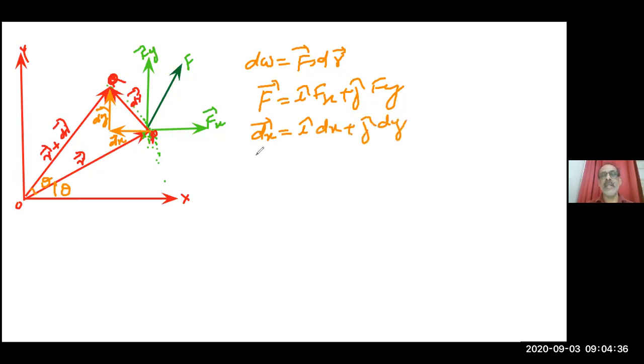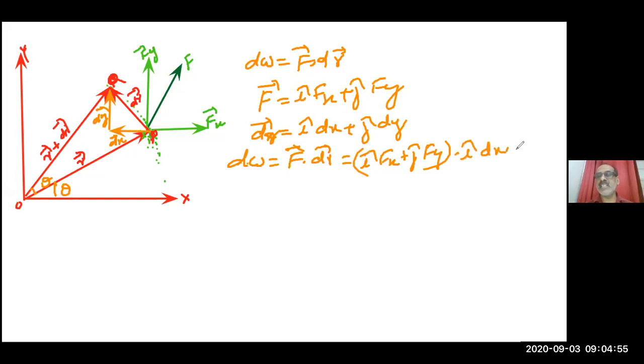Substituting, dw is equal to F dot dr, that is (i fx plus j fy) dot (i dx plus j dy). Then dw is equal to fx dx plus fy dy.